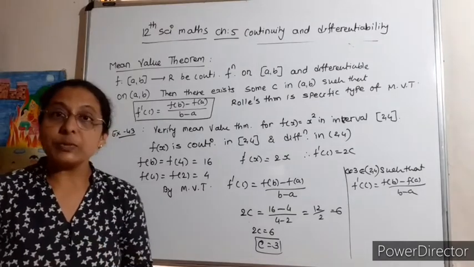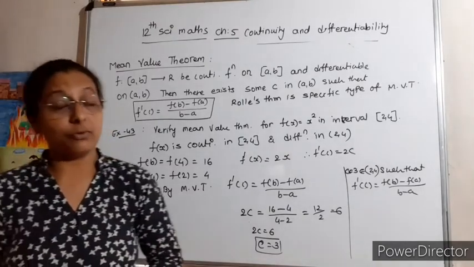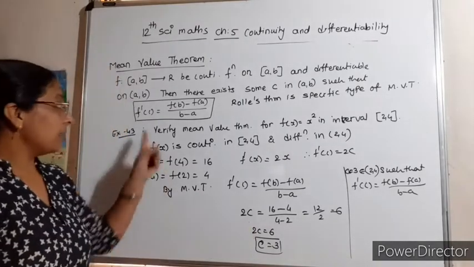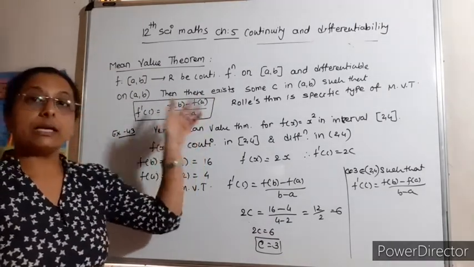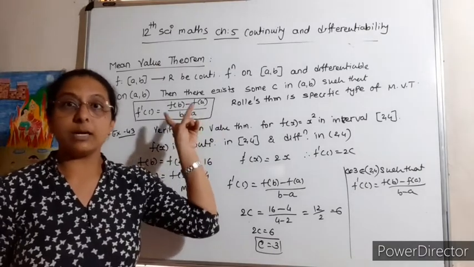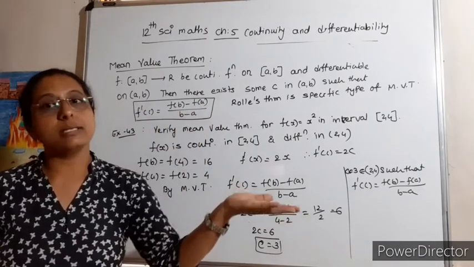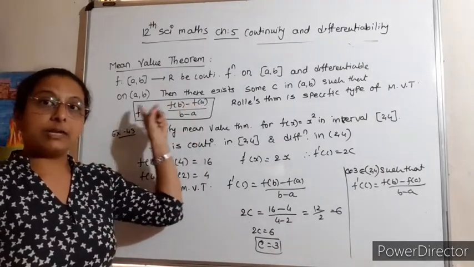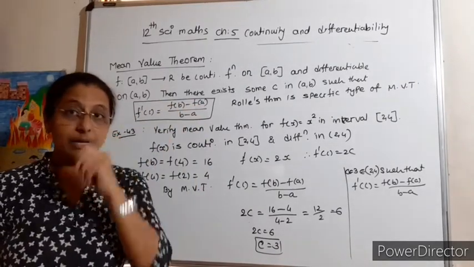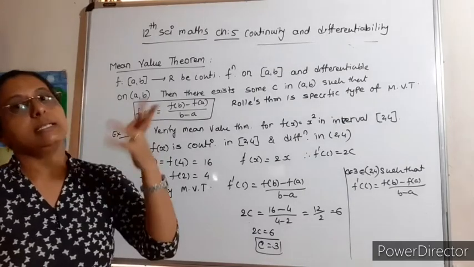What is the difference between the mean value theorem and Rolle's theorem? Mean value theorem में ये formula apply करनी है. Whenever f of b and f of a equal हो जाता है, f b minus f a becomes 0, then it becomes Rolle's theorem. Rolle's theorem says that f b is equal to f a, therefore f dash c equal to 0. Then you will find the value of c by f dash c equal to 0.